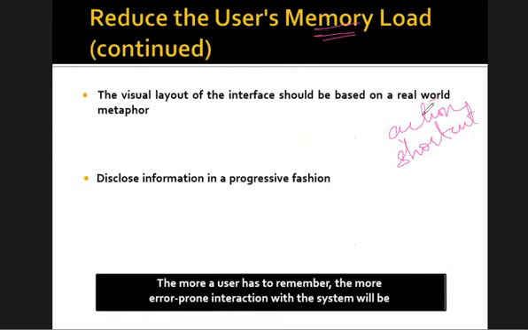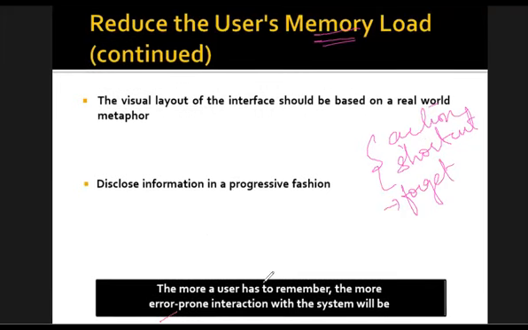If he needs to remember multiple actions and shortcuts, there is a possibility that he might forget some specific shortcut or action, or the sequence of steps that need to be followed. If there is a lot of load on the person's memory, then interactions with the system are going to be error prone. That is, more errors can occur.